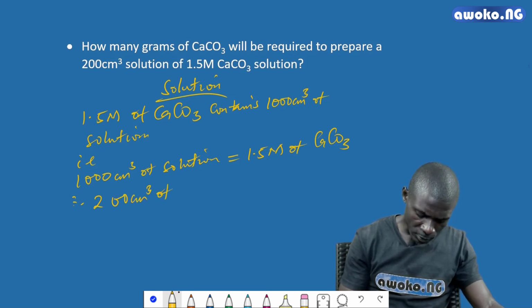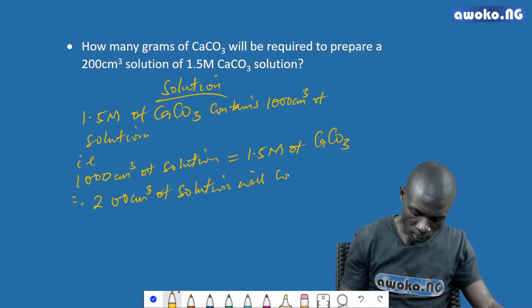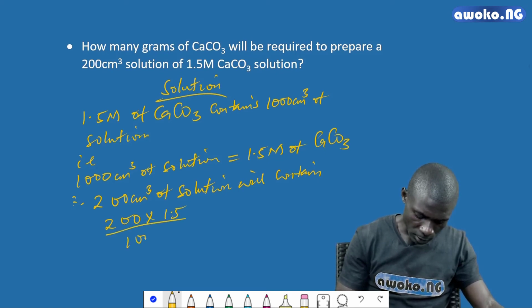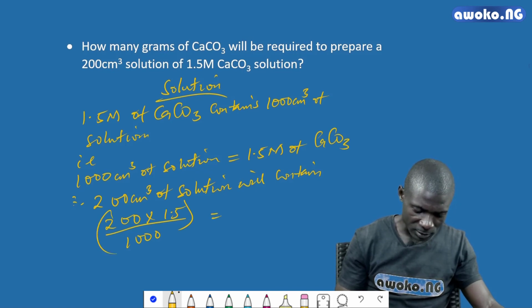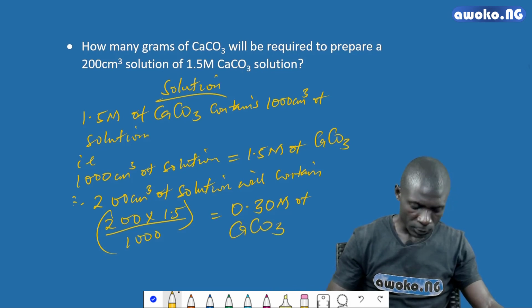So therefore 200 cm cube of solution will contain 200 multiplied by 1.5 divided by 1000, and this will give us 0.30 mole of CaCO3.